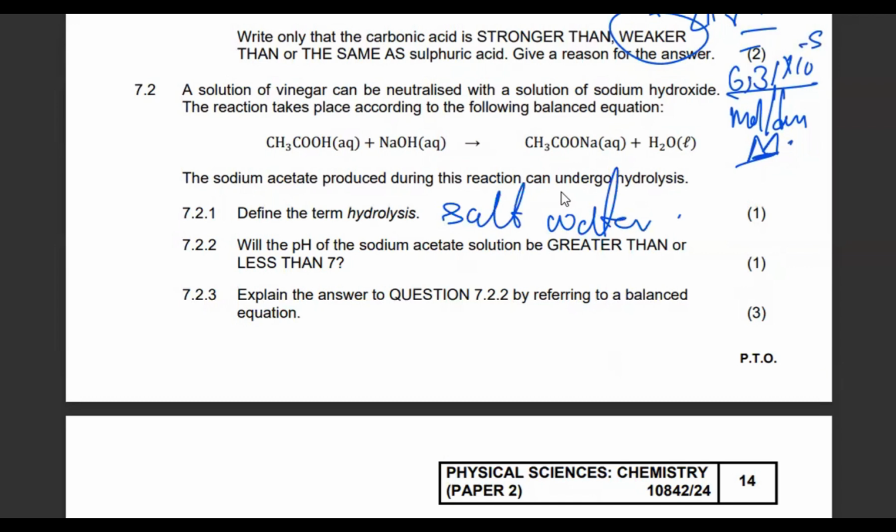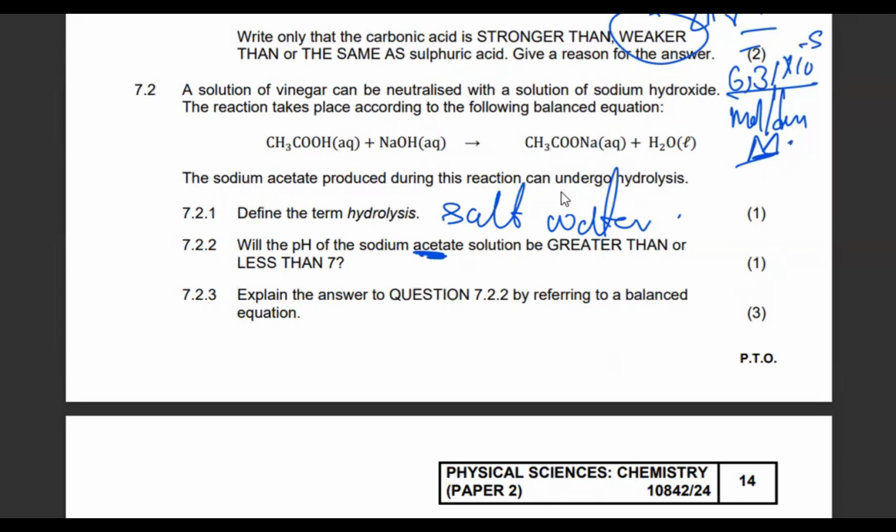Then they're asking: will the pH of sodium acetate be greater than or less than that of sodium carbonate? Basically it is going to be greater than. Why?